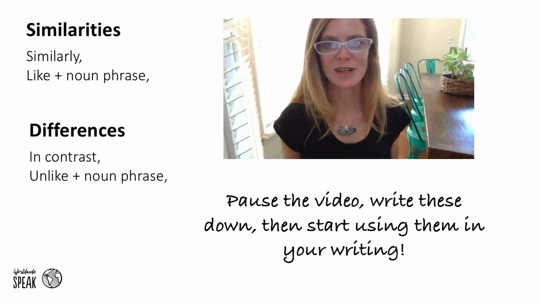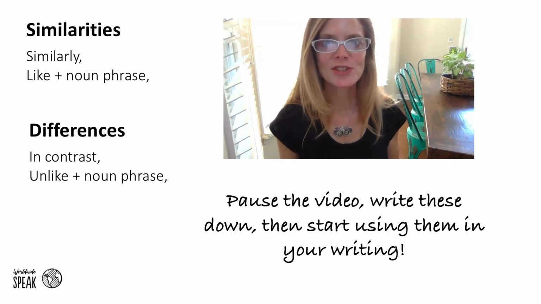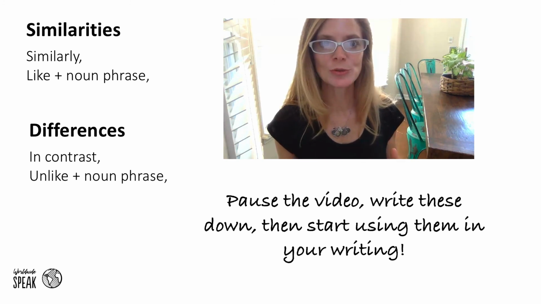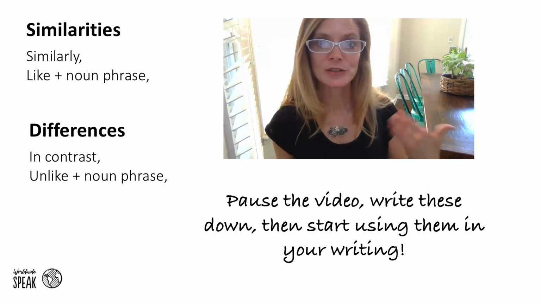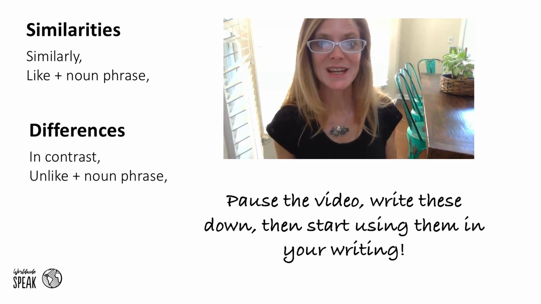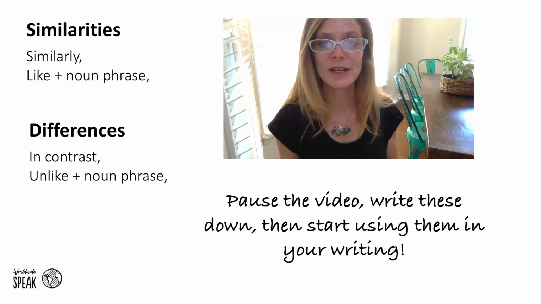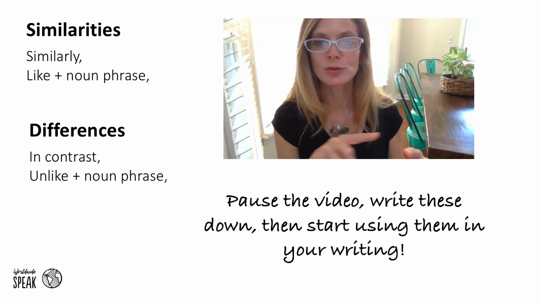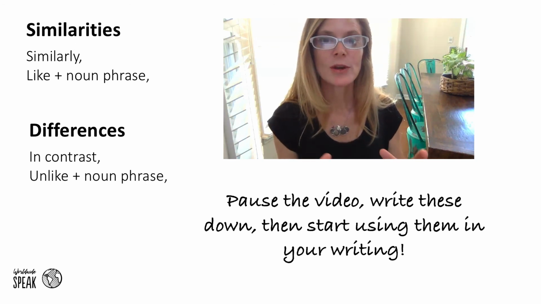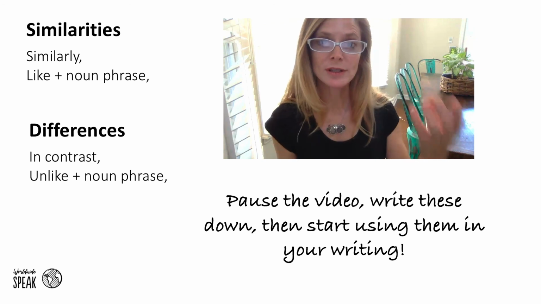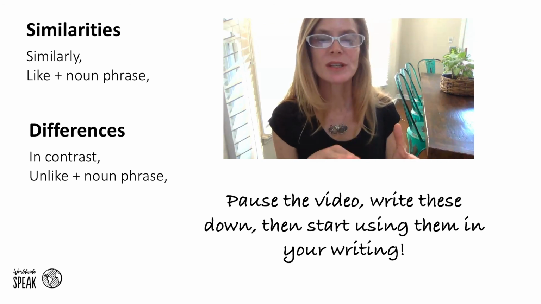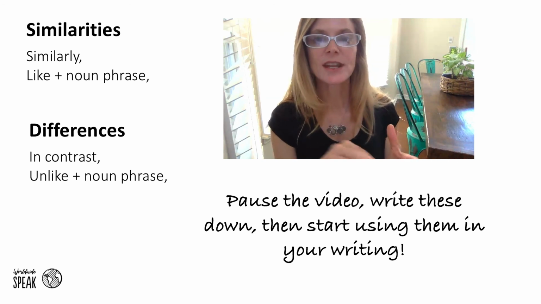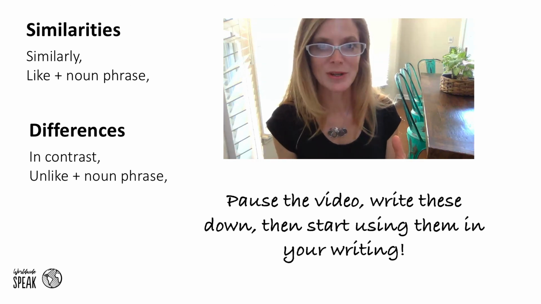So there you have it. I gave you two transition words or phrases to use to show similarities, and those are similarly and like plus a noun phrase. Remember, after the word similarly, there is a comma directly after the word. With the transition word like, there needs to be a noun or a noun phrase, and after that, we put the comma.